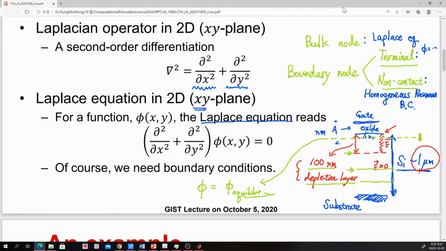If we say 300 nanometer, then we still have 200 nanometer between the end of the depletion layer and our substrate. So we have a sufficiently long simulation domain where the electric field is sufficiently diminished and no electric field exists.